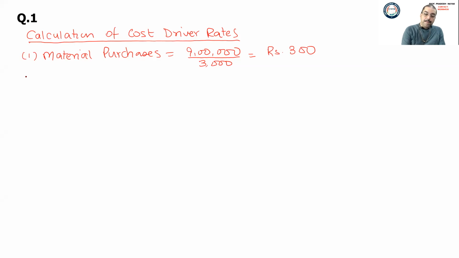Second, material handling. Total cost is 4 lakhs. Number of material movements is 1000. So divided by 1000, it is 400 rupees.